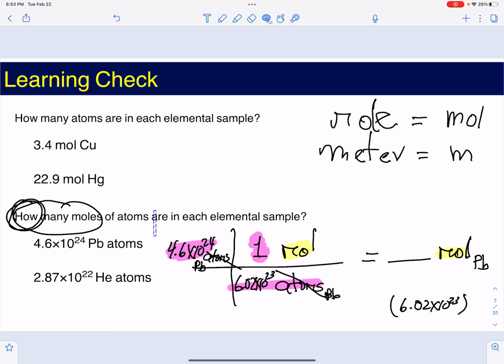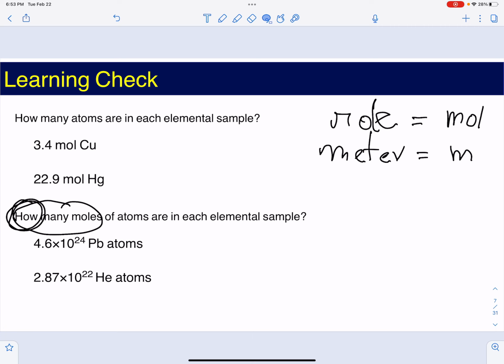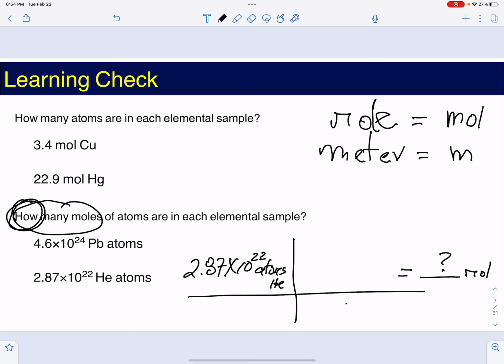So let's do another one. Let's do the second one. Second one is still finding moles. So we're still looking for moles. But we are beginning now with 2.87 times 10 to the 22 atoms of helium, which tells me I do not want the atoms of helium because I want the moles.